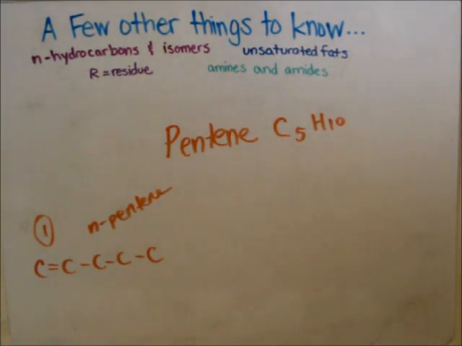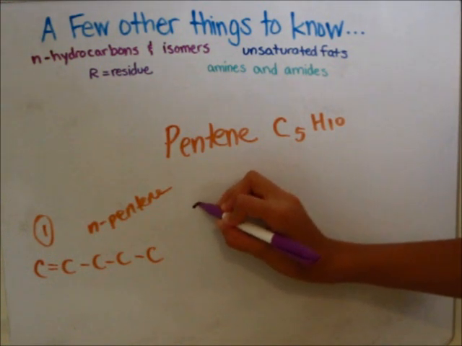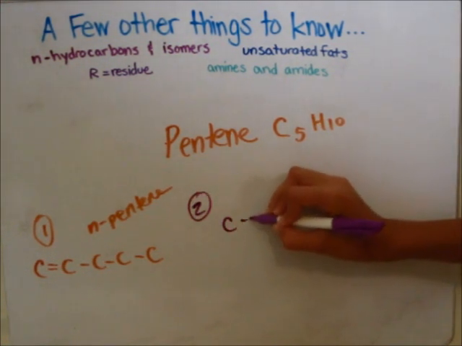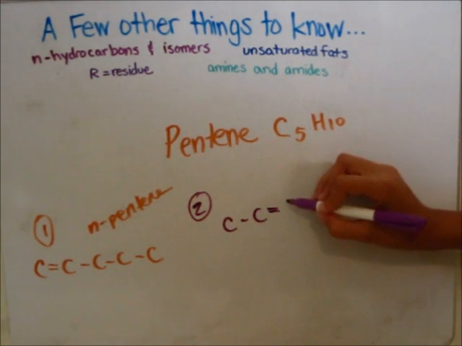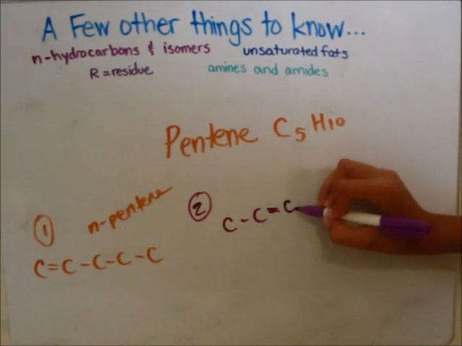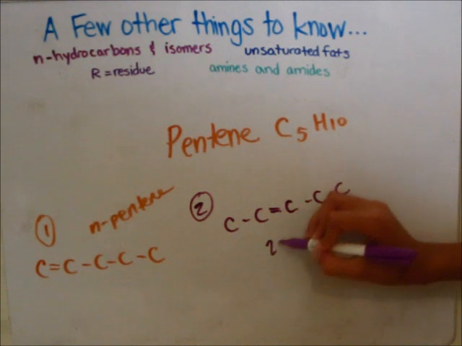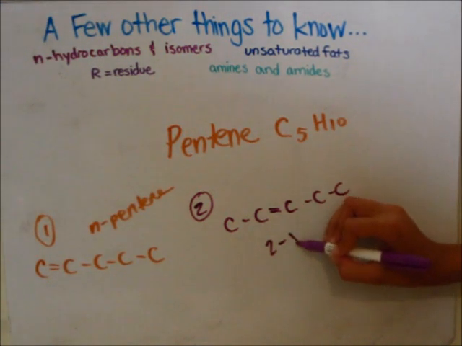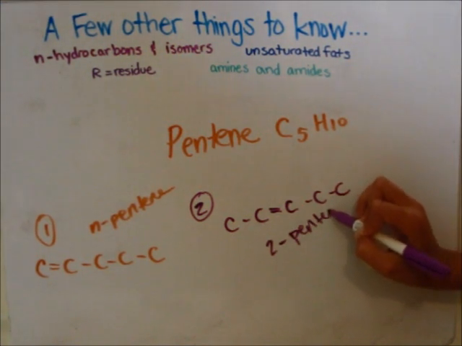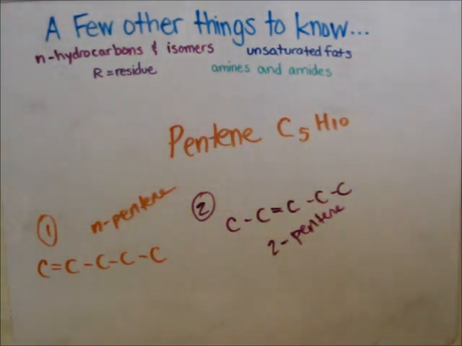Another way would be 2-pentene, and we would draw that by putting the double bond on the second carbon. So this, and again, I'm not going to draw the H's. So 2-pentene, because it's in a different spot.